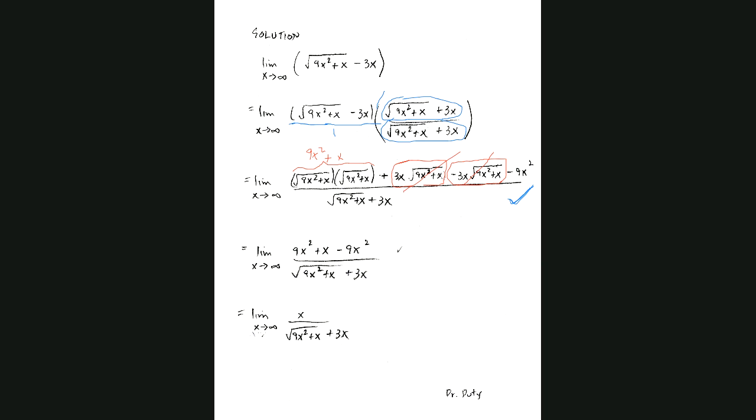It becomes this now. You notice I'm carrying the limit every step of the way. And then even more nice things happen. Yeah, the 9x squareds cancel out, and only the x is left. Okay, so take a moment, write that down.